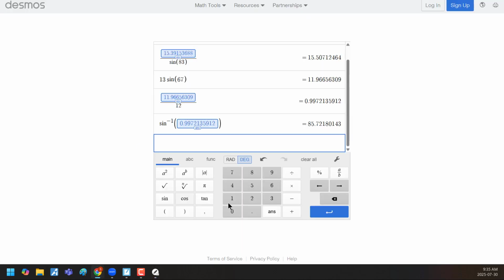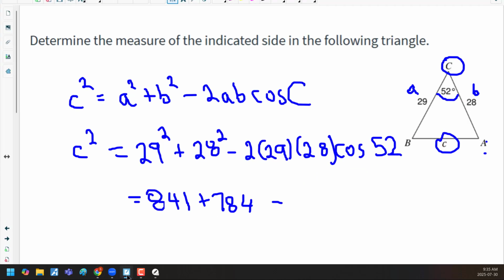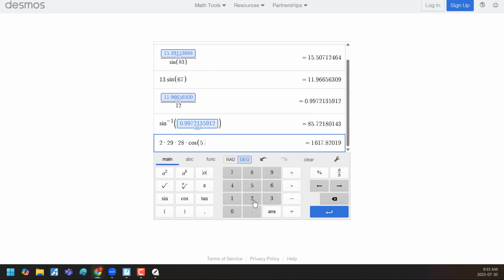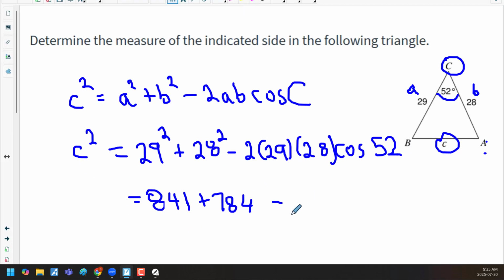I'll show you that. So we have 2 times 29 times 28 times cos 52. That's 999.8. Minus 999.8.